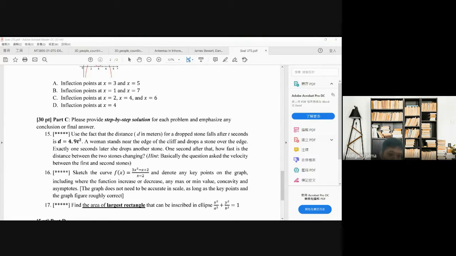Now, what I want to show you is, what is the derivative of f inverse? It is equal to dx df, which is basically 1 over df dx.